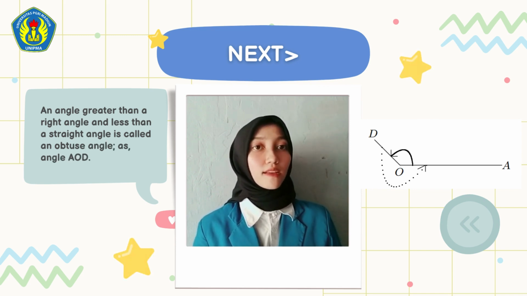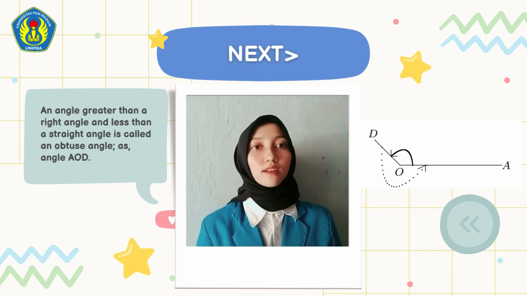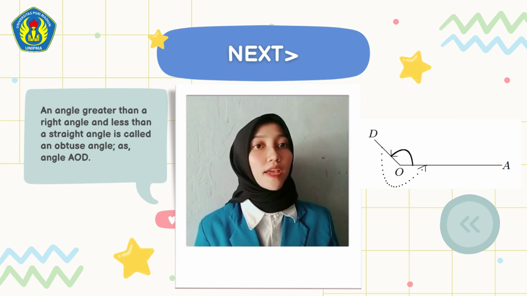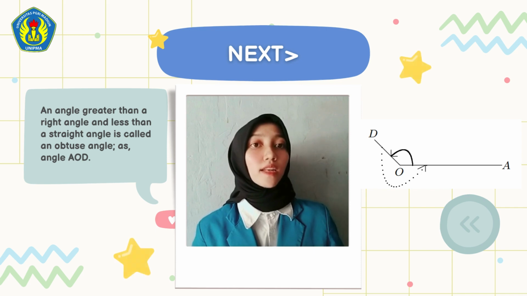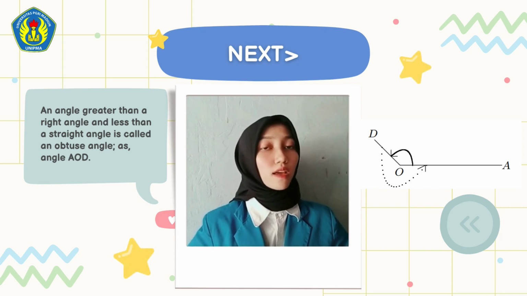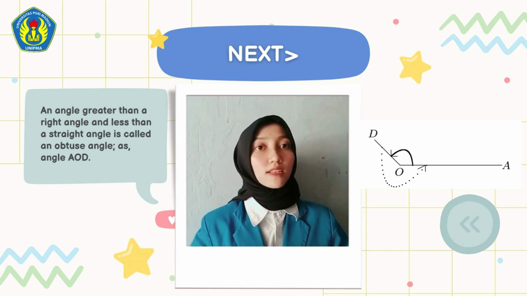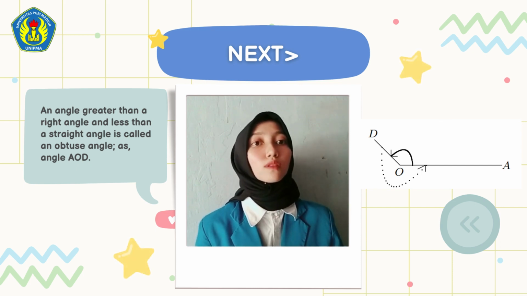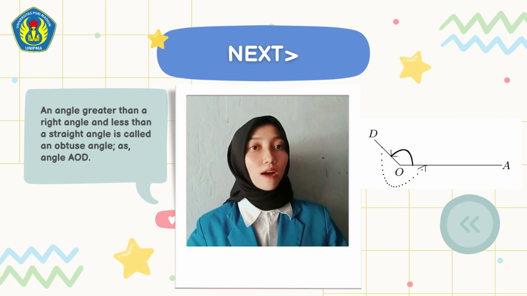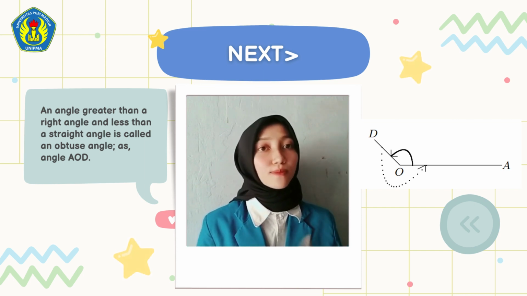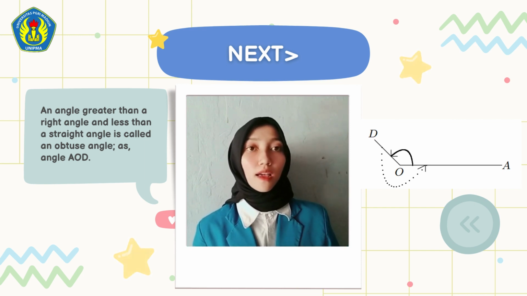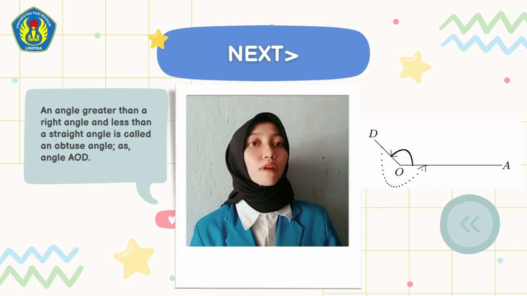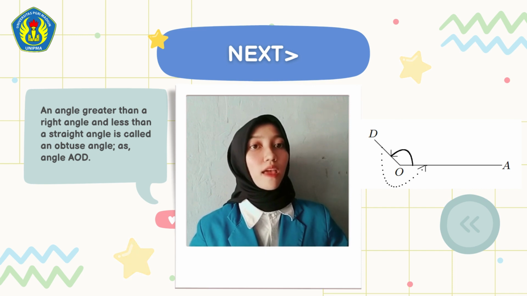The angle AOD in the figure is an obtuse angle because the angle opens more than 90 degrees but less than 180 degrees when viewed from the point O between the two lines that make up the angle. This means that if the lines AO and OD are extended, they will form an angle greater than 90 degrees at point O.